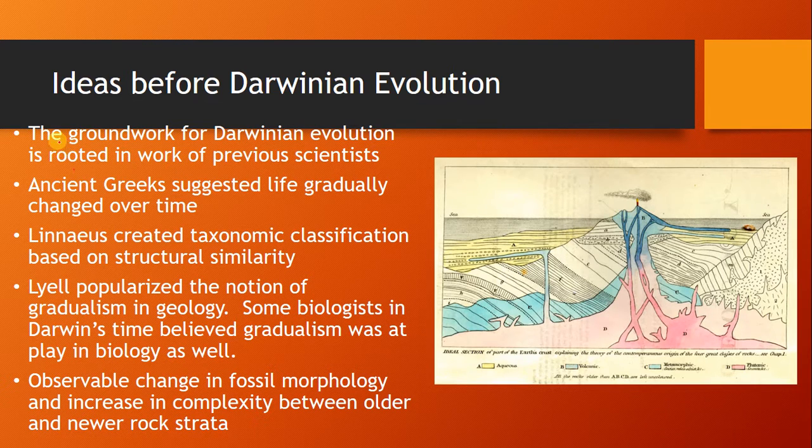So the groundwork, meaning the basis for Darwin's Origin of Species, is rooted in work that existed even before he was born.